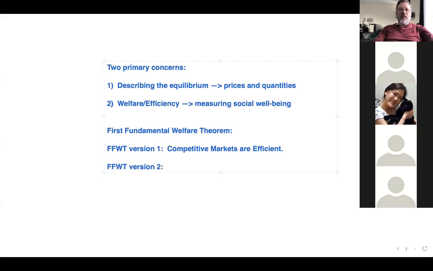But the truth is, when we're talking about competition here, and we'll use this theorem casually, like a rule of thumb, like, yeah, that looks like a competitive market, generally speaking, it's probably efficient. But the truth is, this only works in perfectly competitive markets.